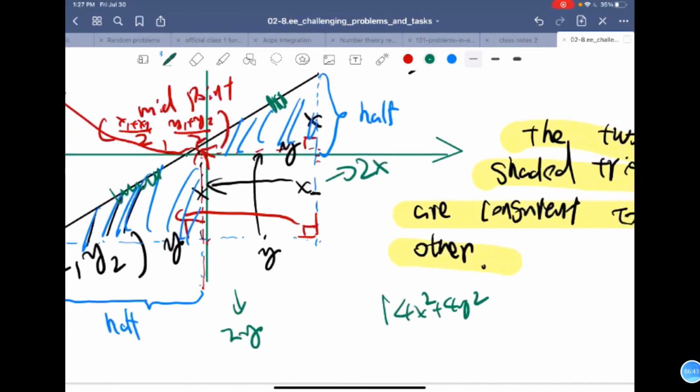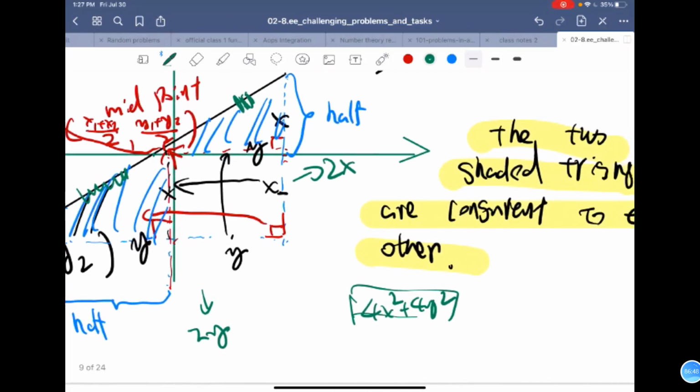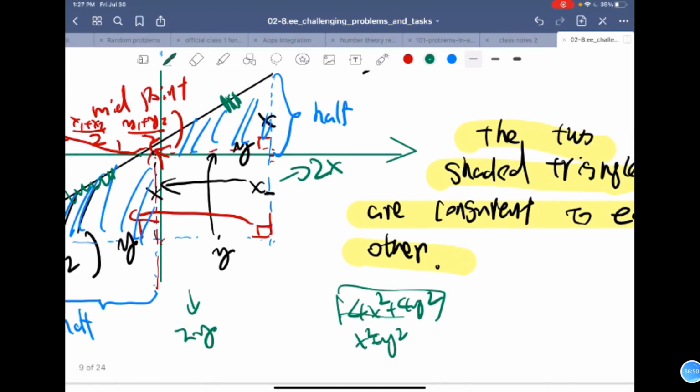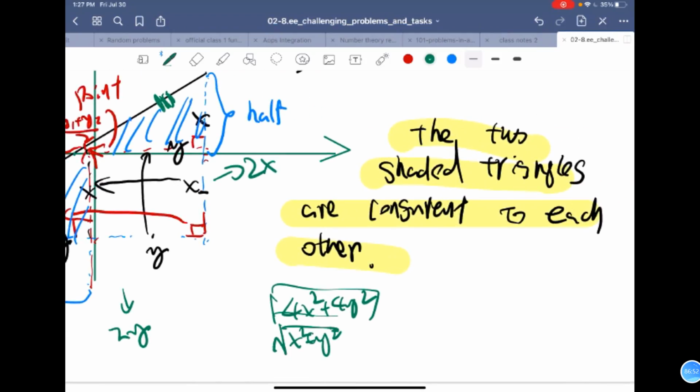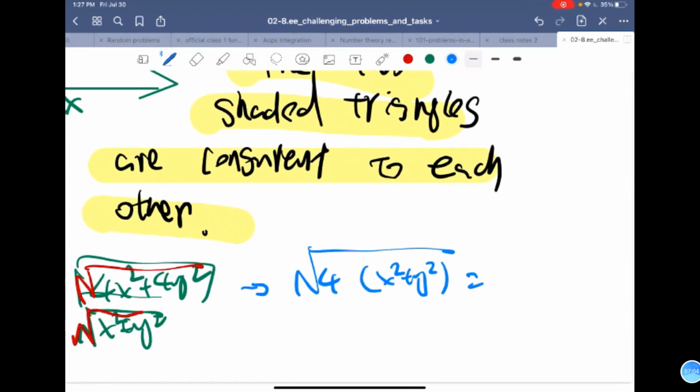However, for the smaller triangle, it's the square root of x squared plus y squared, right? You take 4 out, and you have 2 times the square root of x squared plus y squared. So that's half.